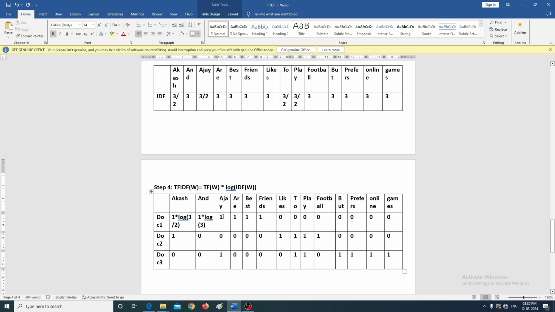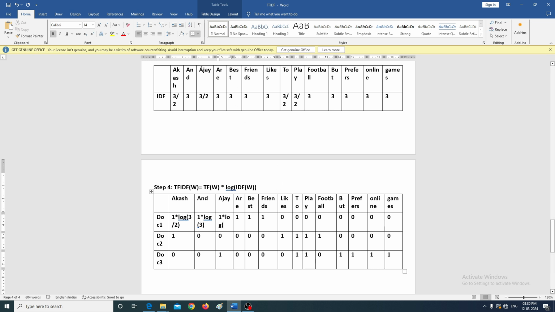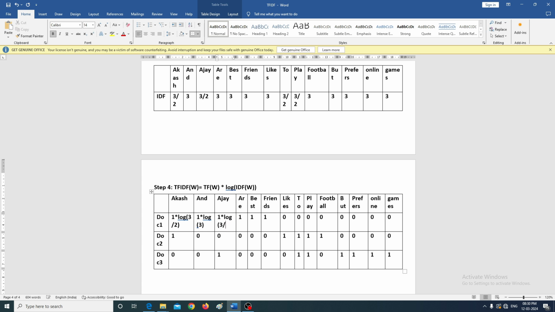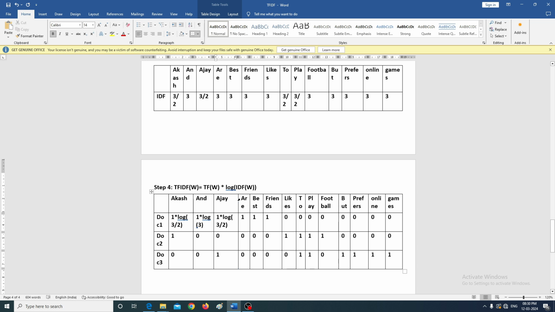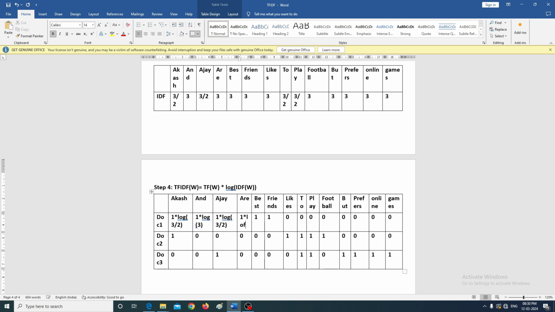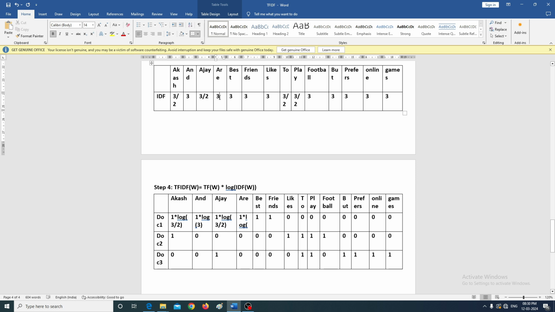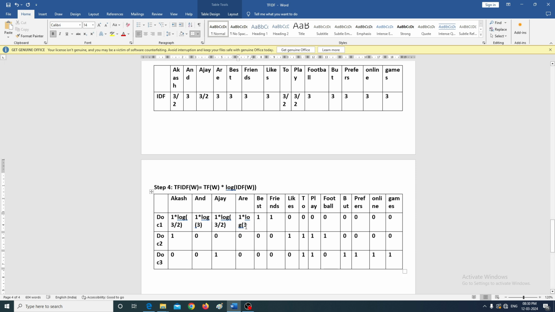And coming to Ajay: the term frequency of Ajay is 1, and I am multiplying this with log of IDF of Ajay, which is 3/2, right? So 3/2 here, clear. Next, term frequency is 1, and 1 times log of the IDF of that word, which is 3. So here I am placing 3. Next, the word best.